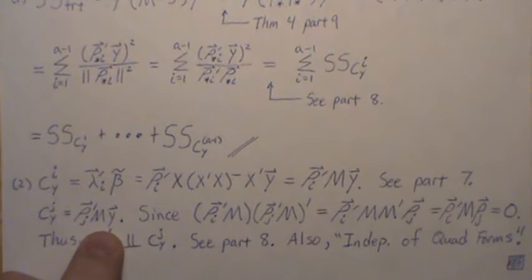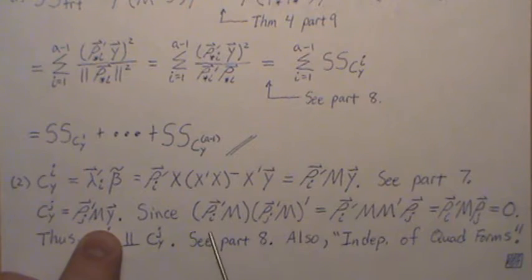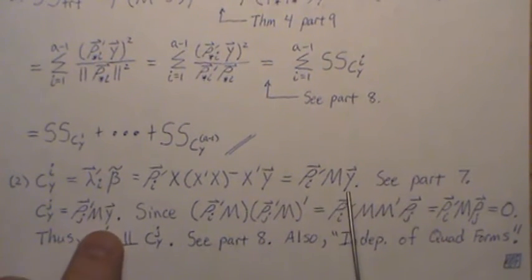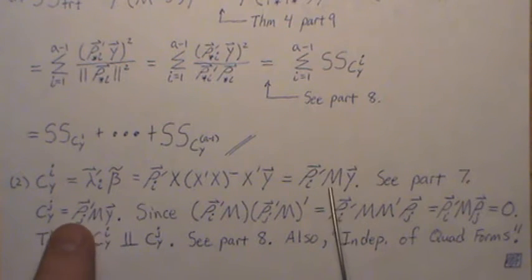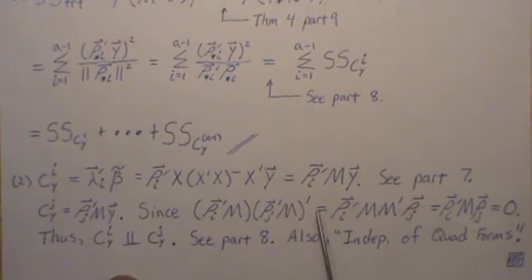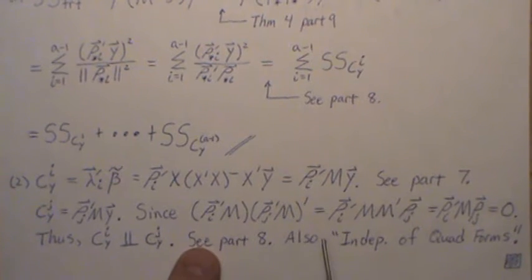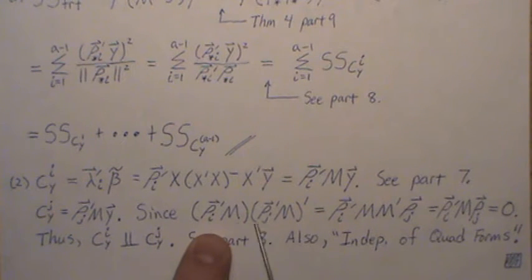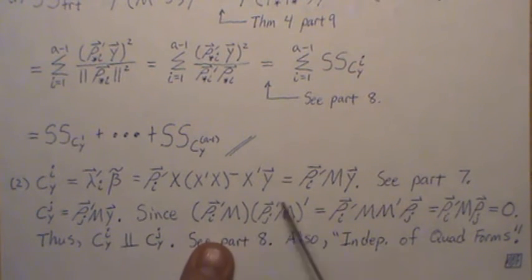Now since these are normally distributed, because the y is normally distributed, then the product of these out front, actually you have to transpose the right one, if this is 0, then they're independent.